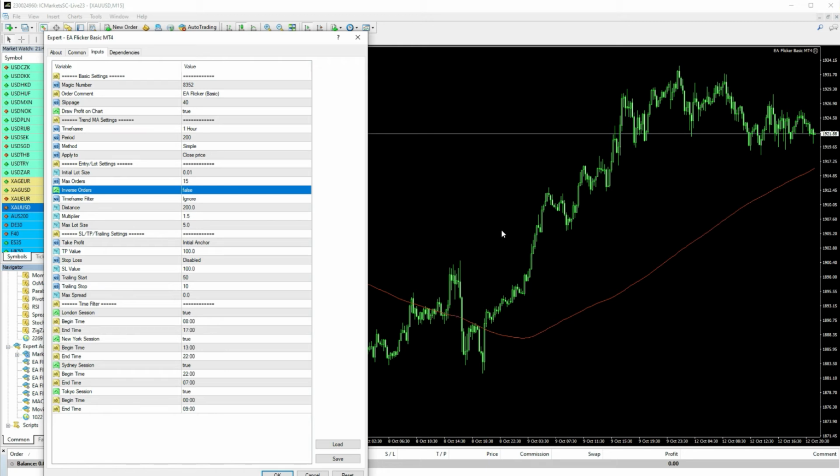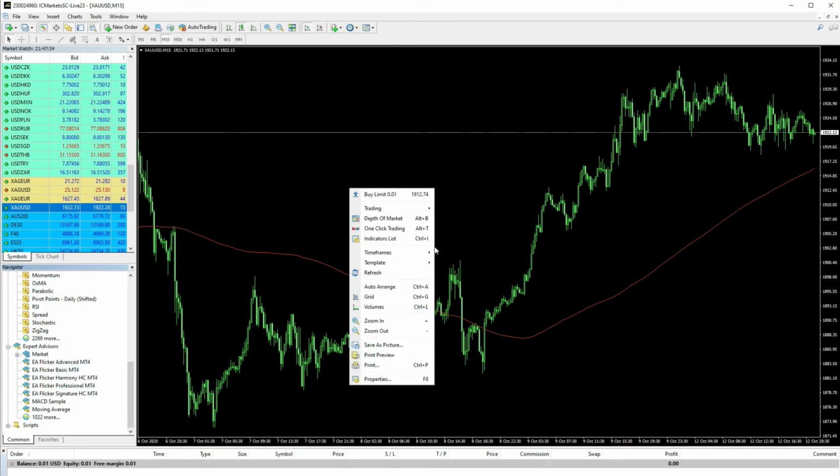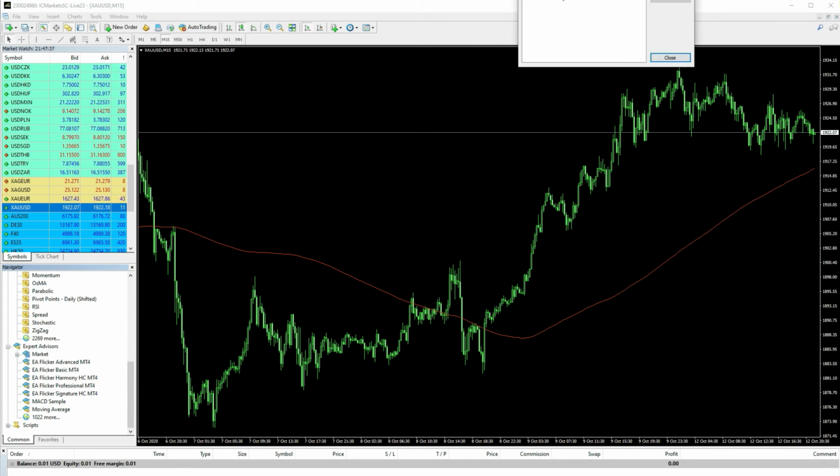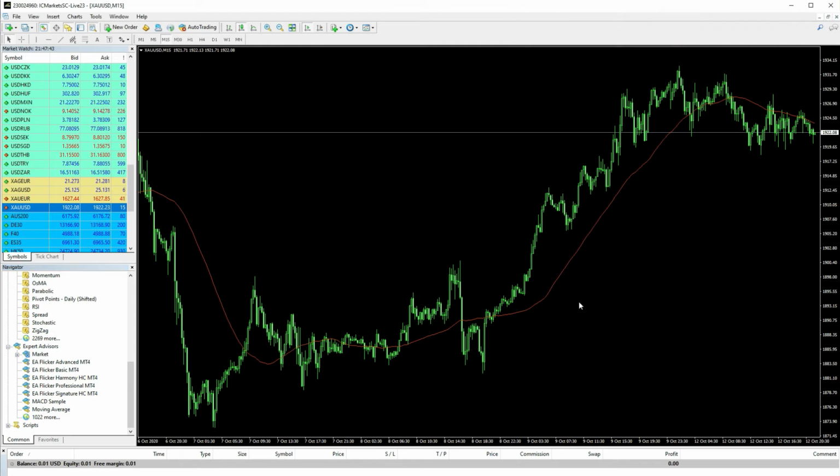Okay, it's that simple. Once you know how to draw your trend, how to get your trend, it will be easier to configure your EA. Of course you can use a faster period for the moving average. So let's just say we're using 50. 50 will look like this.